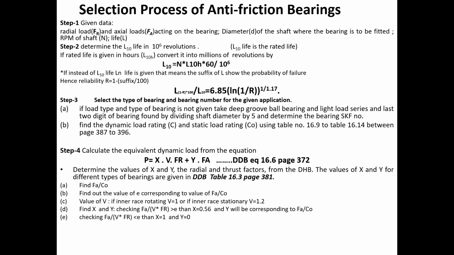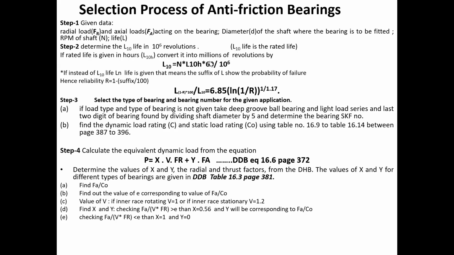If in any problem the life is given in terms of hours, we will convert that rated life in hours into number of revolutions, that is L10 life, and the formula for that is the RPM, the rotation of the shaft, multiplied by rated life in hours into 60.